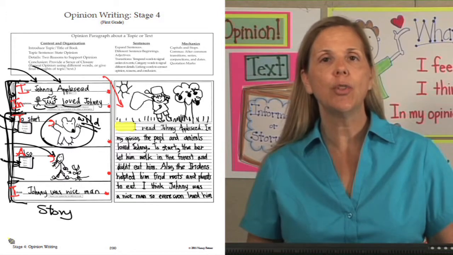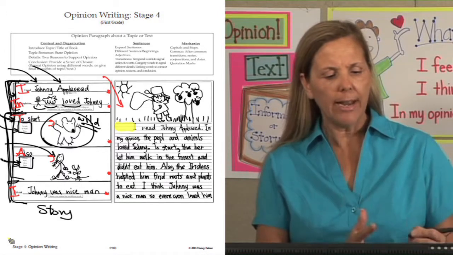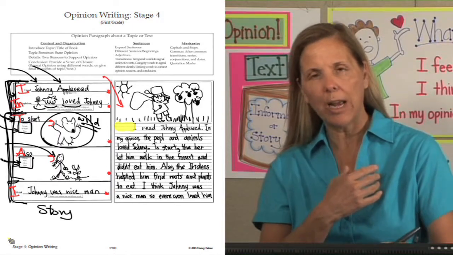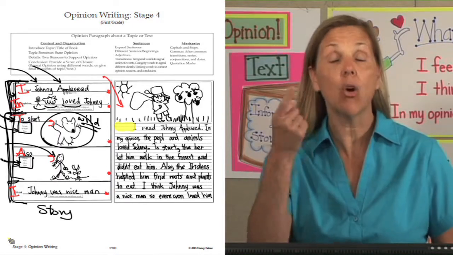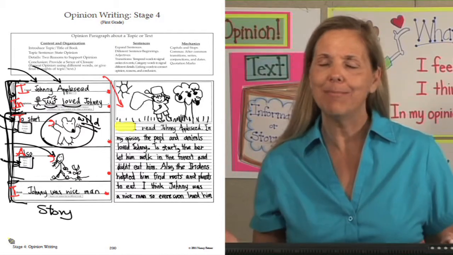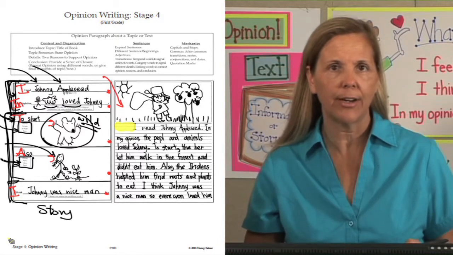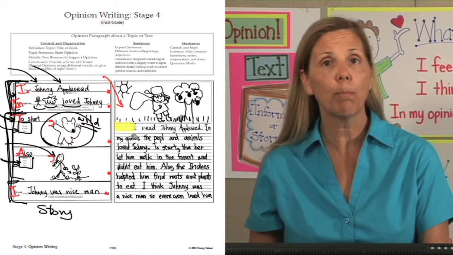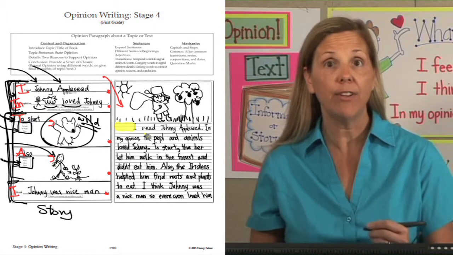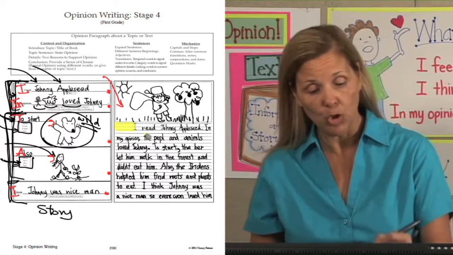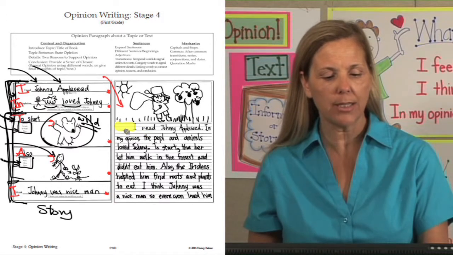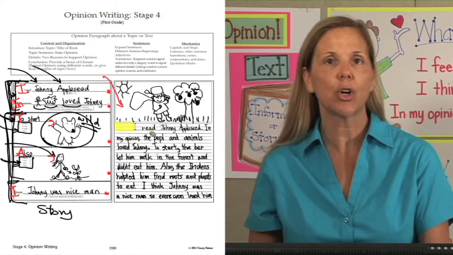And in order to do that, when they're planning out an organizer, orally rehearsing it, and about to write, for them to add one more thing, oh yeah, I have to indent, many times that pops right out of their head. So what I like to do is have them draw a little box there so they have a visual and they know to indent. They will automatically indent because that little box is there telling them that they have to start writing after the yellow box.